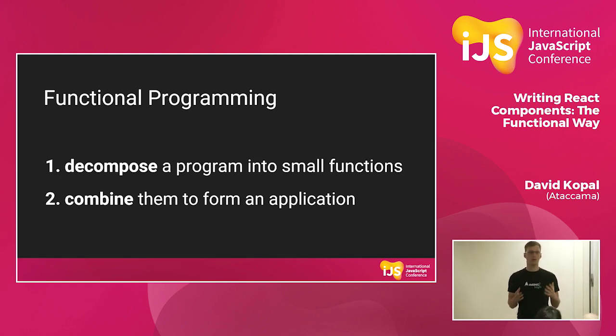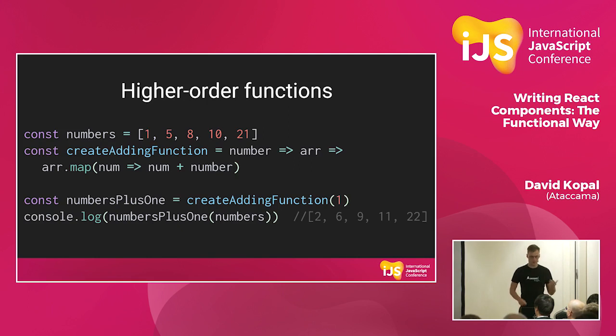As you all know, in React you can use functions as any other values. You can pass them as a parameter to a function, return them from a function, and a function that returns or creates a new function is called a higher order function. So in our example, the higher order function is createAddingFunction, because it takes a number parameter and it creates a new function that is waiting for an array to be passed.